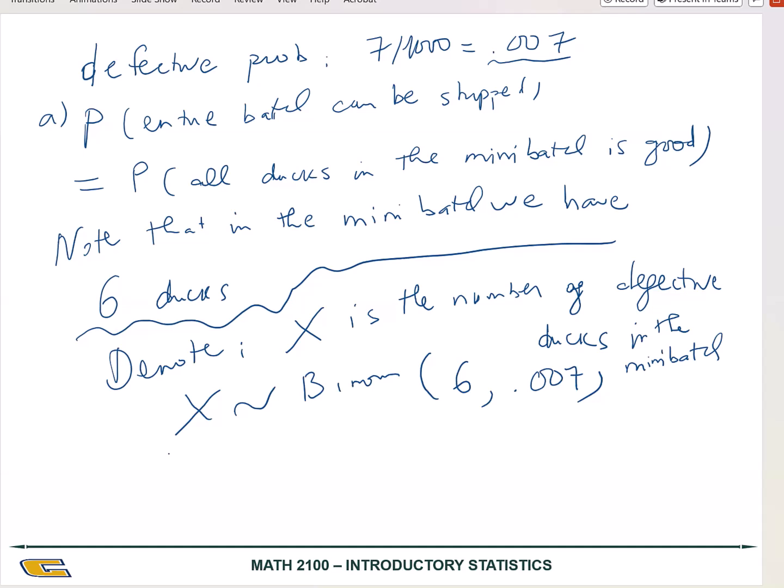So we come back to our part A problem. The entire batch can be shipped equal to the probability that all ducks in the mini batch are good, right?